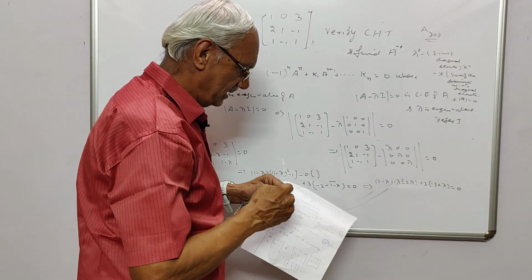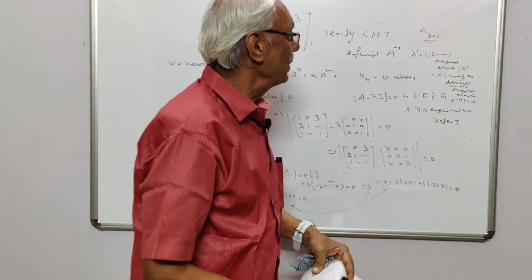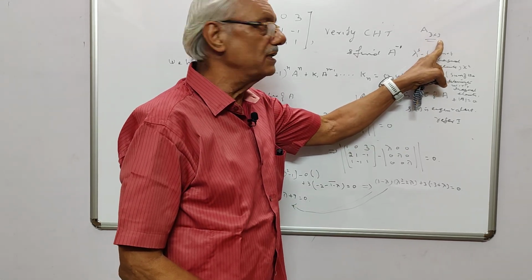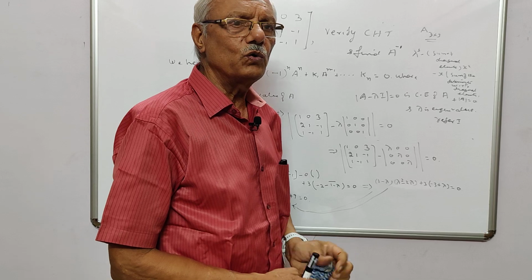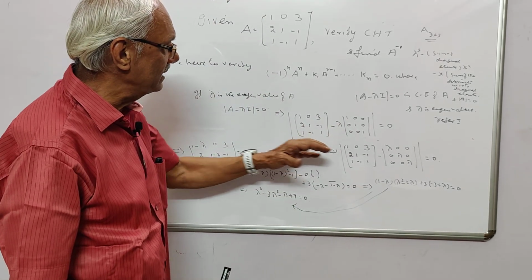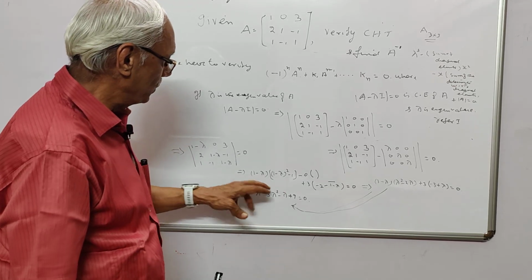See what I have written here. So when you are given a 3 cross 3 matrix like this, you have to go and form the characteristic equation like this.